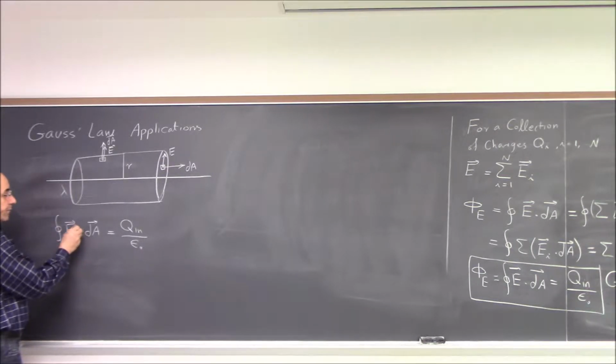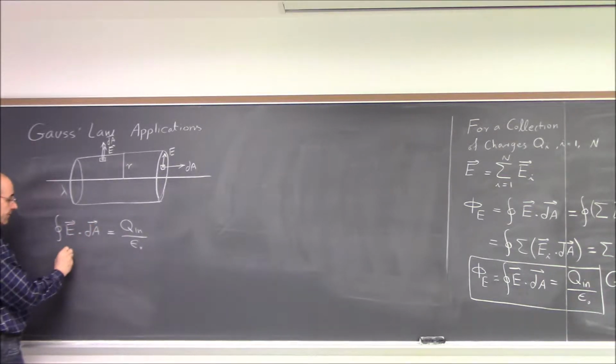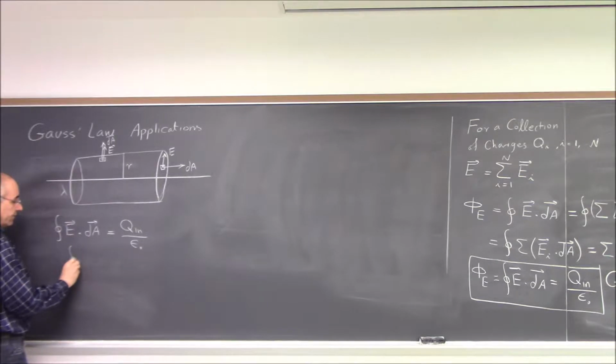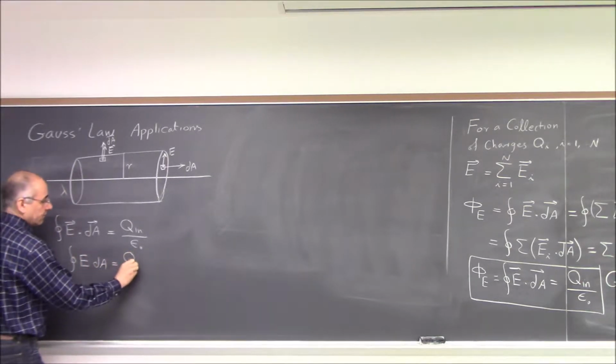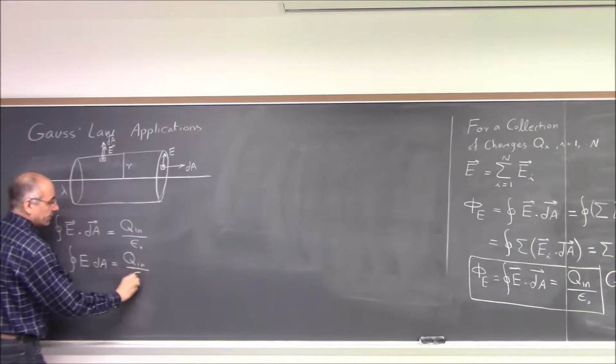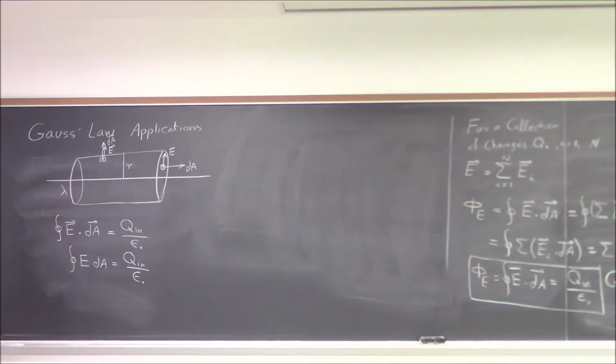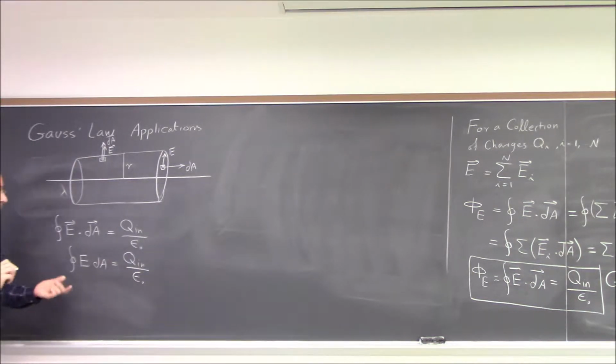So the dot product becomes just a simple product. The integral over the surface, E times dA, equals Q inside over epsilon naught, right? Does it make sense? Using symmetry argument?